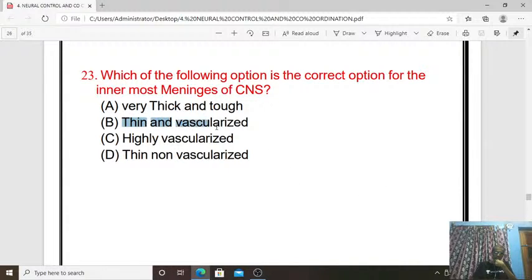Thin and vascularized innermost meninges. Arachnoid, pia mater, dura mater. The innermost part of the meninges is thin and vascularized. Arachnoid is thin, but it is not vascularized. It is a transparent fluid. Dura mater, arachnoid, pia mater are the three layers of meninges. So answer is B for the question number 23.